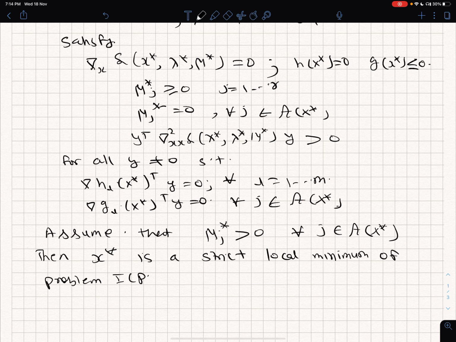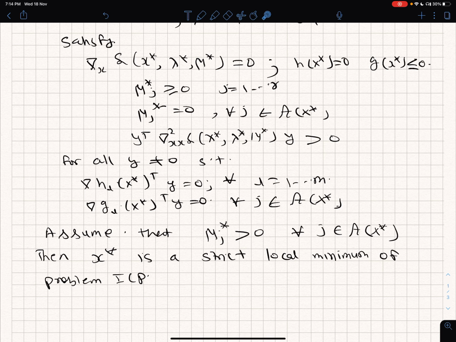Okay. So the thing is, in the equality constraint problem, I stopped here. Now, while giving you the sufficiency conditions, I'm going one step further and saying that the Lagrangian multipliers associated with the inequality constraints which are active are strictly greater than 0.